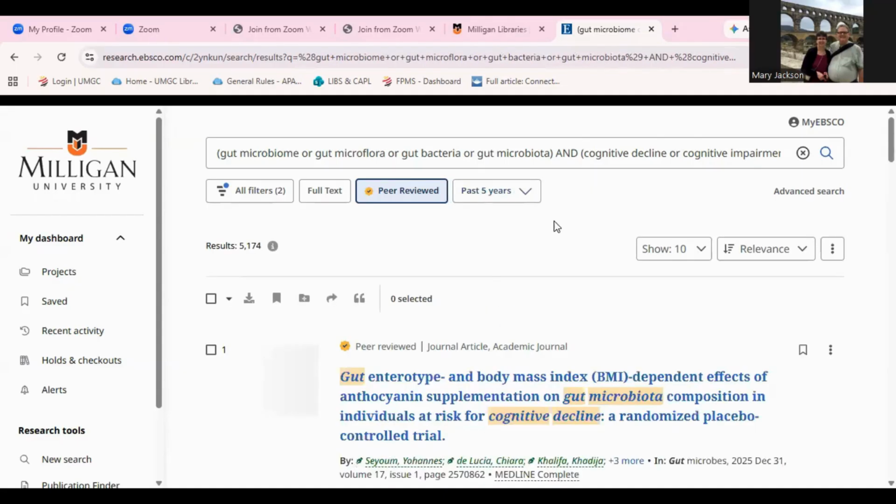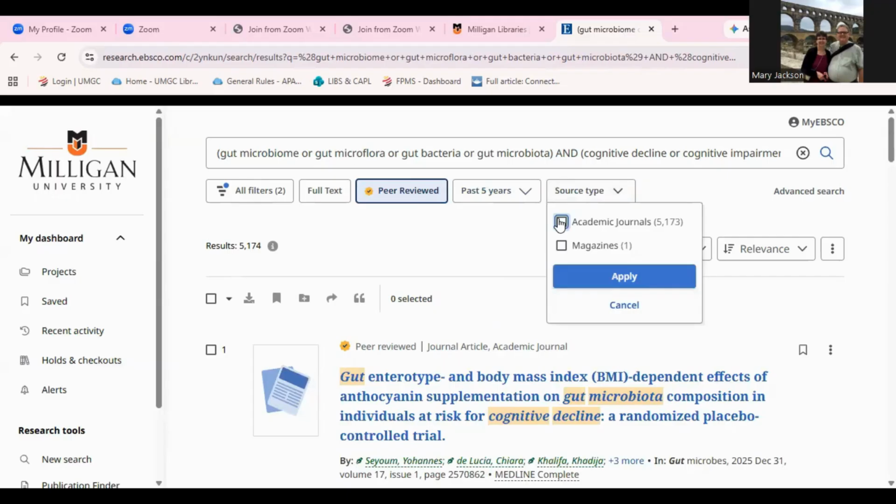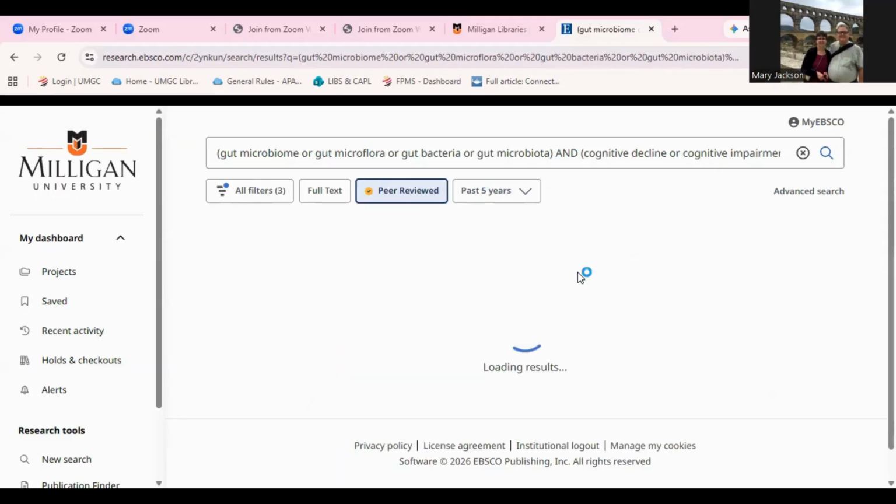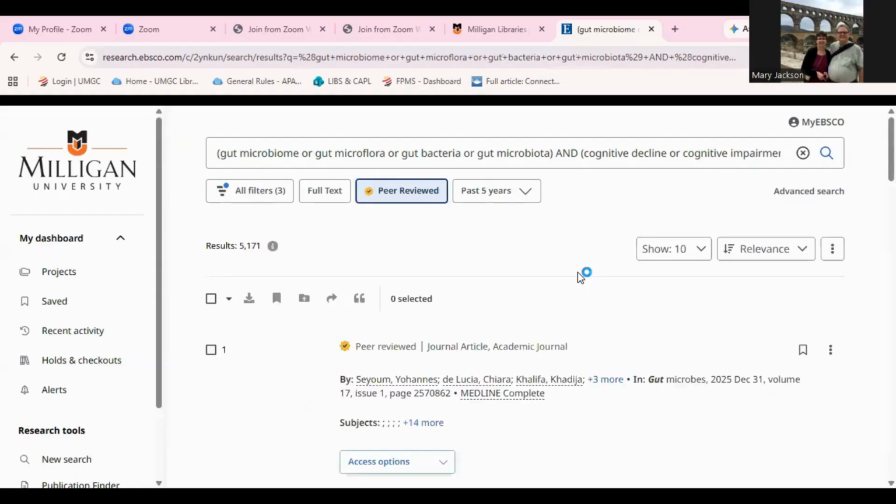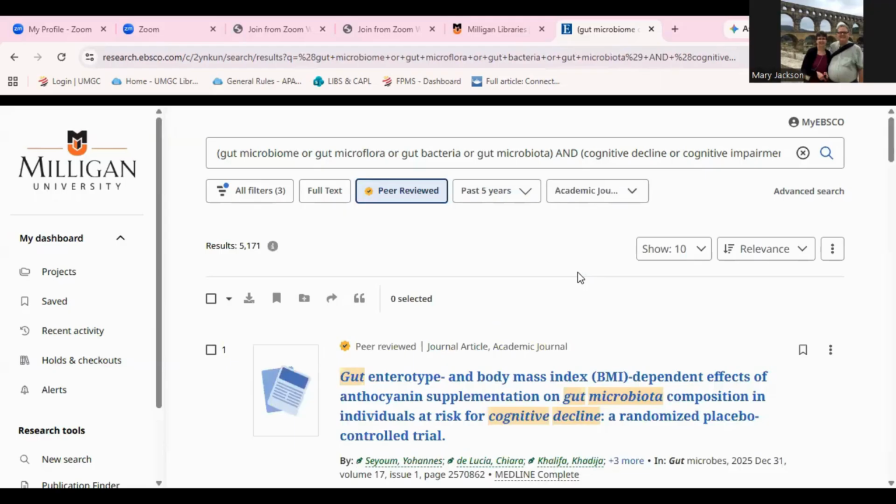You can see that my numbers are going down. You can also do academic journals, though most academic journals are also peer reviewed, so that usually doesn't matter. But I still have a lot, 5,000 results here, and so I'm going to need to do some more things.